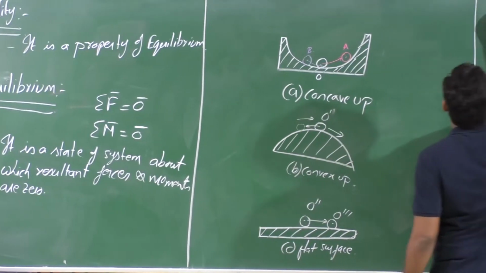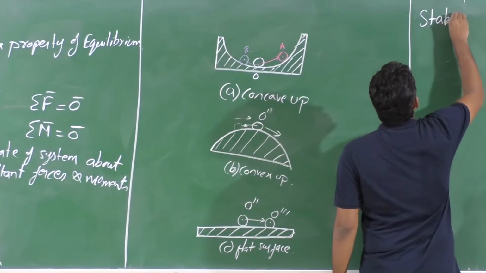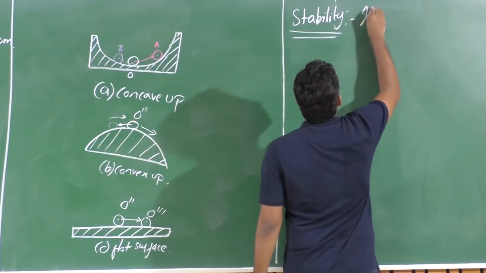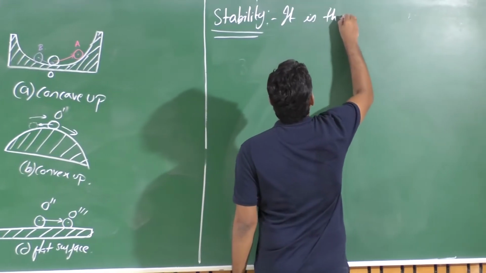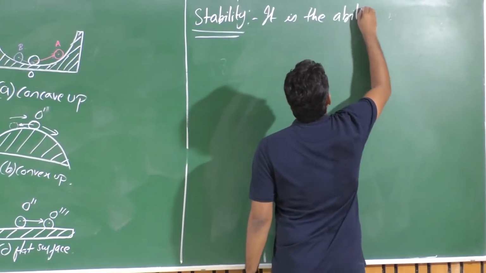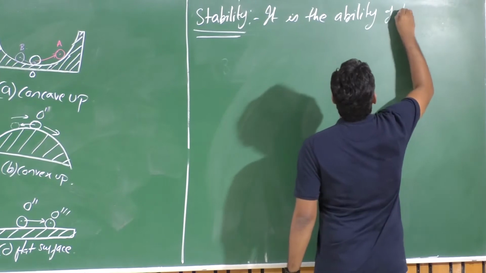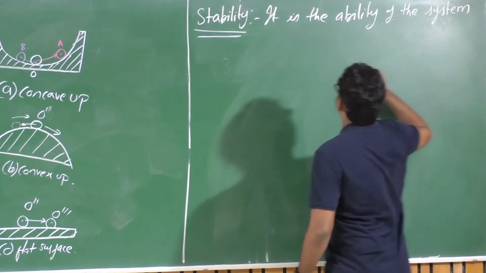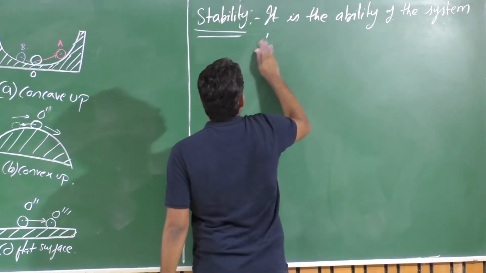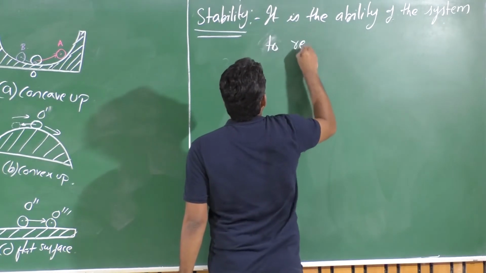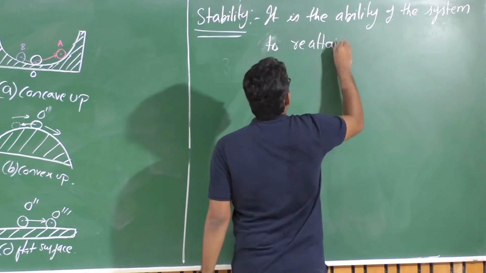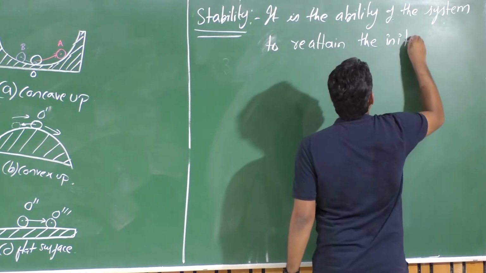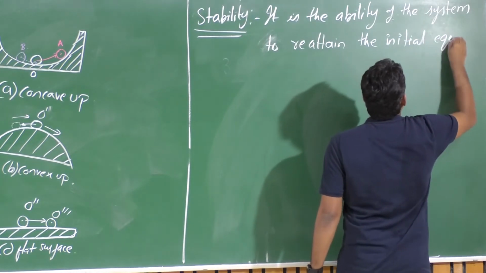With this, let us define what is stability. It is the ability of the system to re-attain the initial equilibrium.